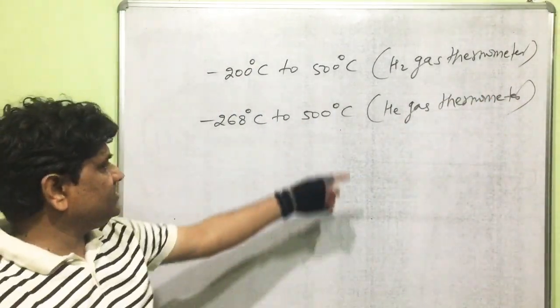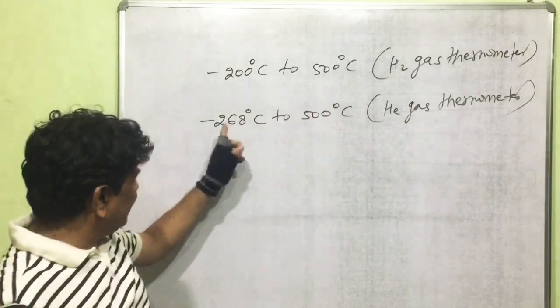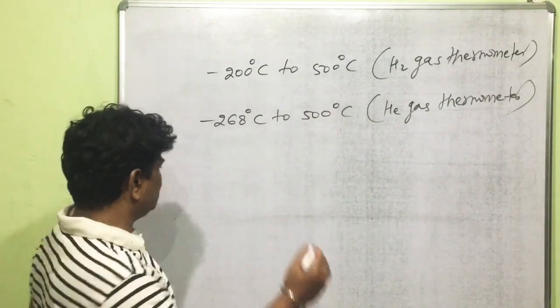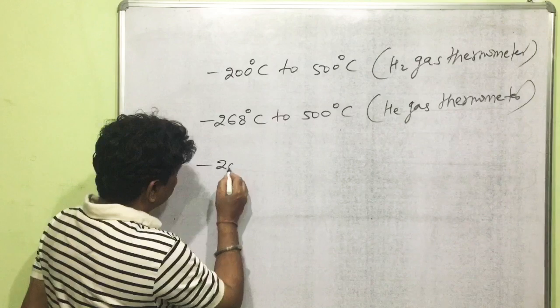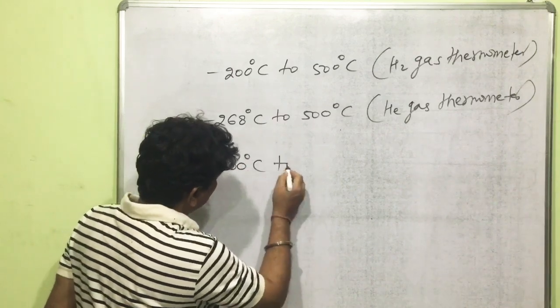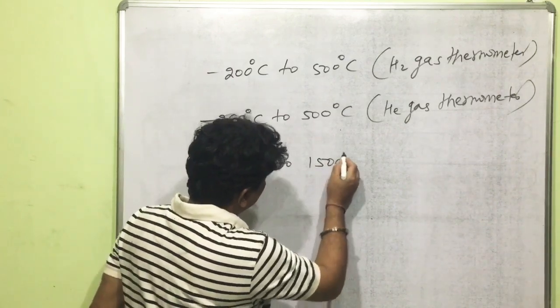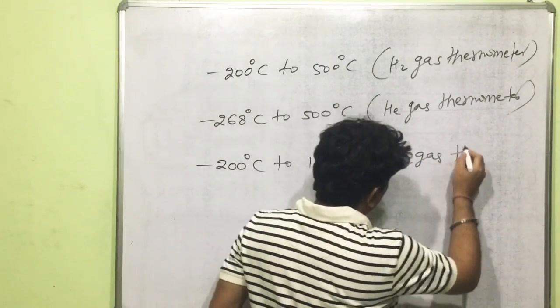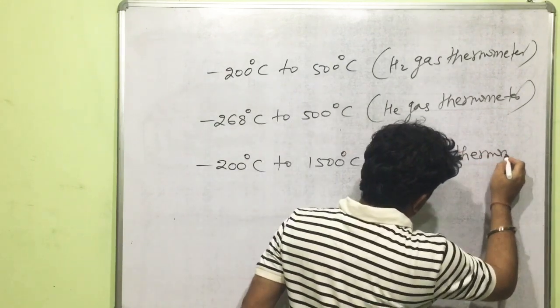And last, minus 200 degrees Celsius to 1500 degrees Celsius is the temperature range of a nitrogen gas thermometer.